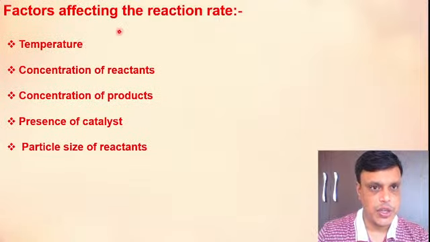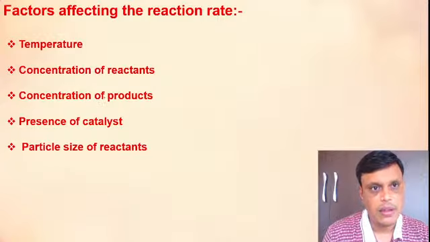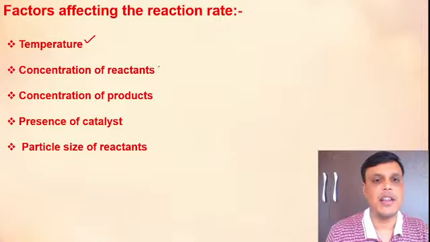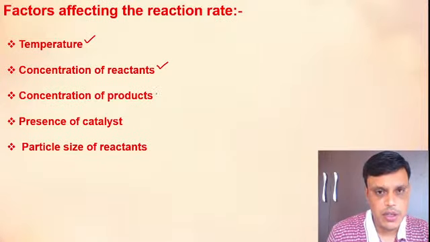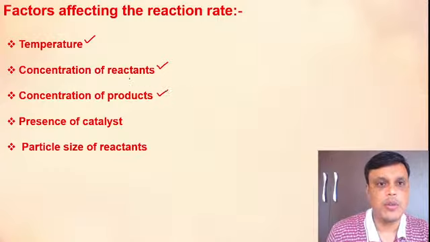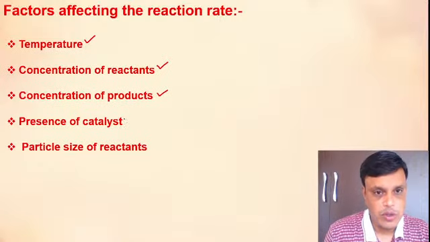First factor is temperature, which is an important factor. This temperature affects the rate of reaction. Then concentration of reactant is also important. Concentration of the product is also there. So whether the concentration of reactant is low or high, the rate of reaction depends on it. Then presence of catalyst, which is also an important point.